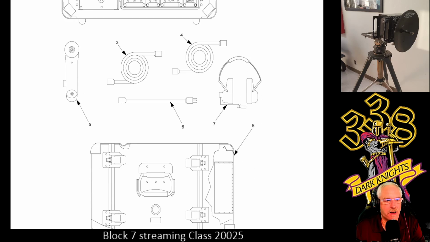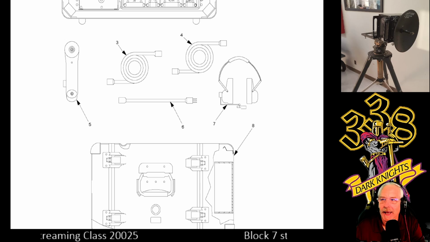When you scan down like I'm doing, the bottom part, number 8, is the metal case that both the baseband and RF assembly go into, as well as the handset, the 2 foot cable, the power cable, and the headset.